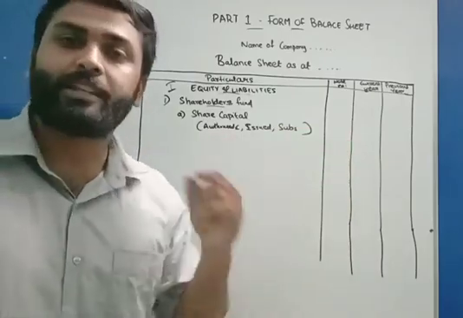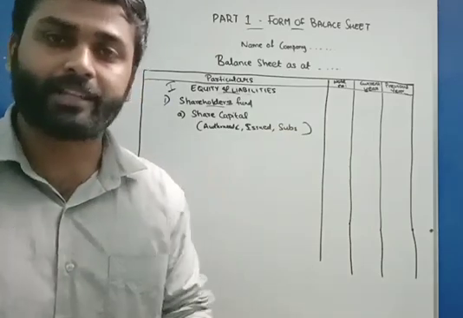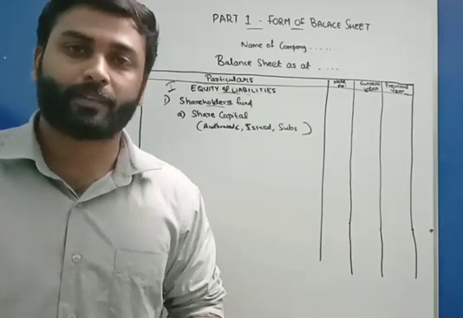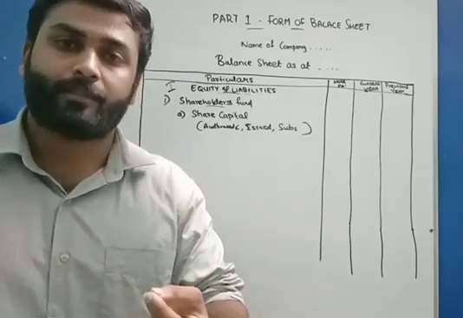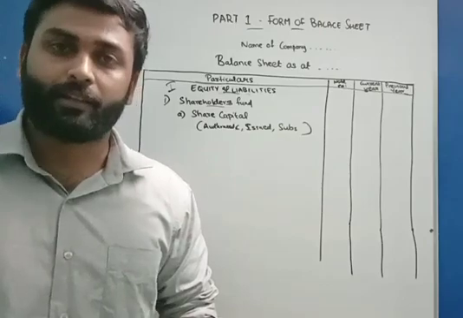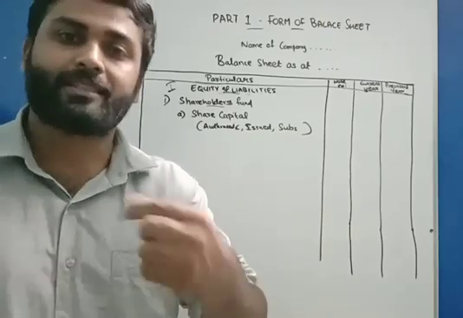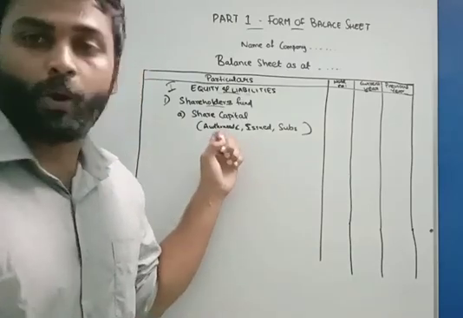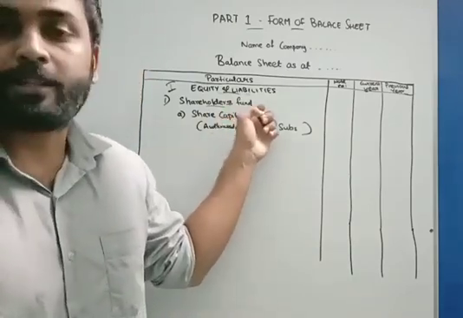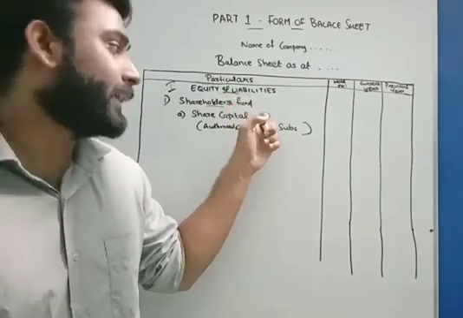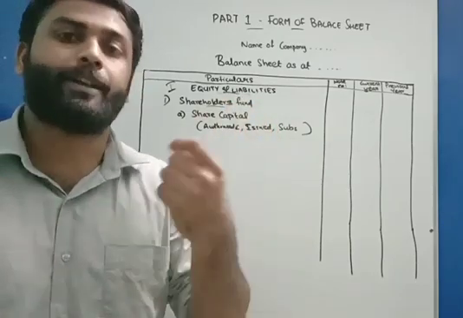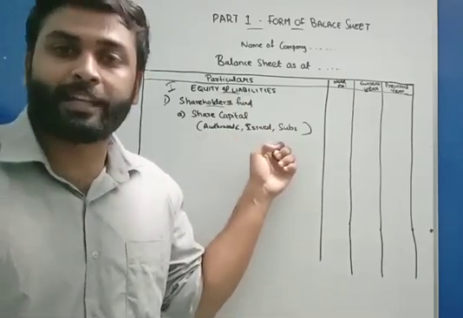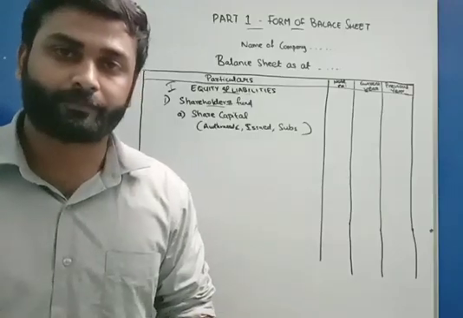So the items included in share capital are authorized capital, issued capital, and subscribed capital. If a question asks about authorized capital, give the main heading and subheading. The main heading of authorized capital is shareholders fund and the subheading is share capital.